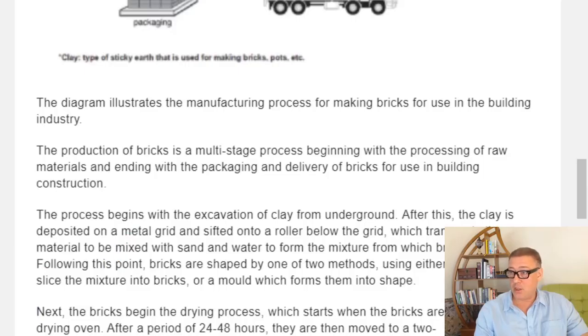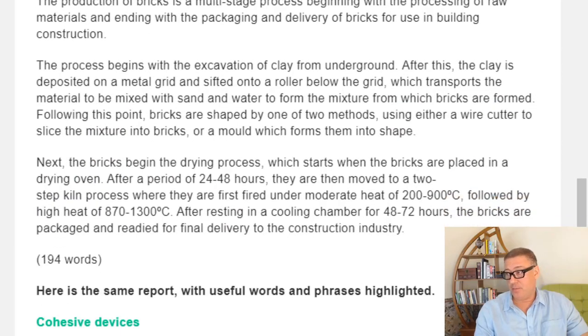So they've said packaging, I've said packaged, construction industry. So there's plenty of variety of vocabulary there. I've described all the processes, I've described all the stages of the process. Everything is clear. It's really pretty simple, actually.